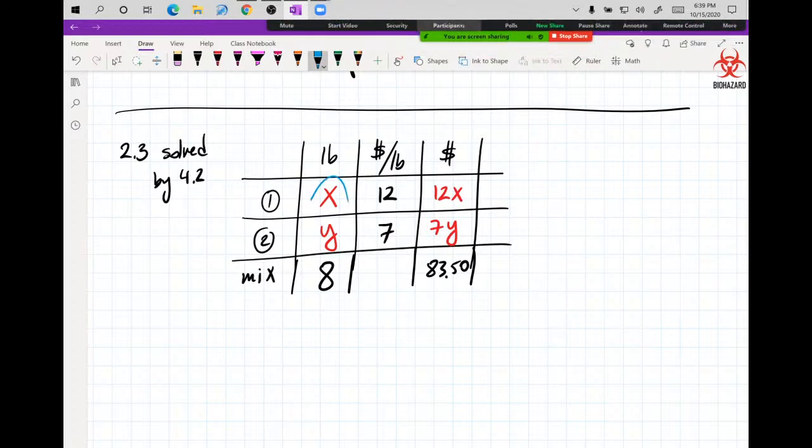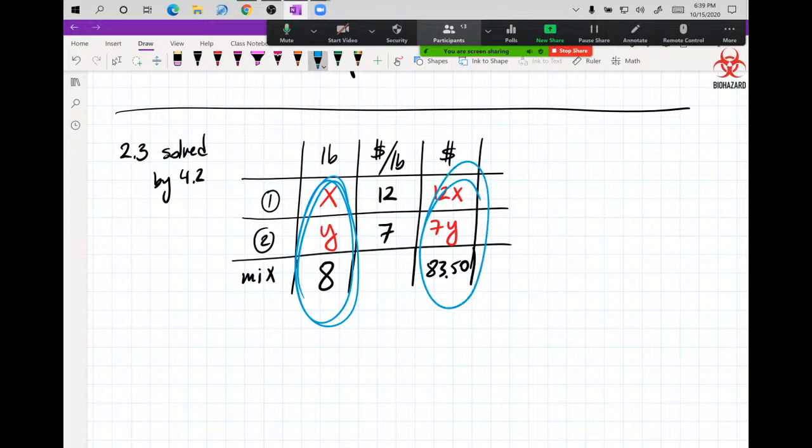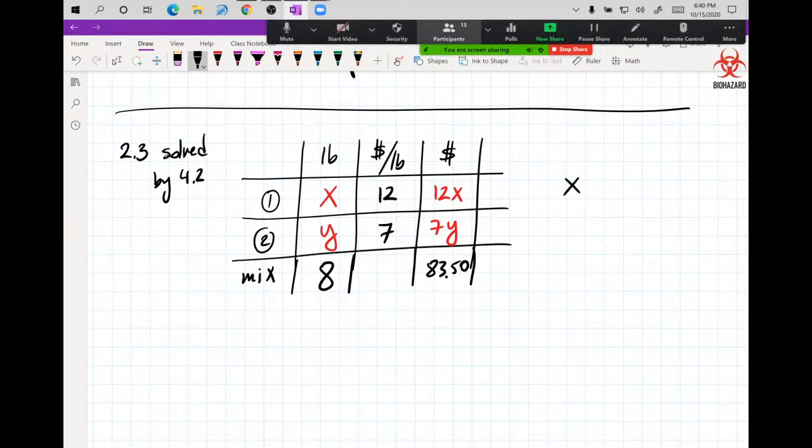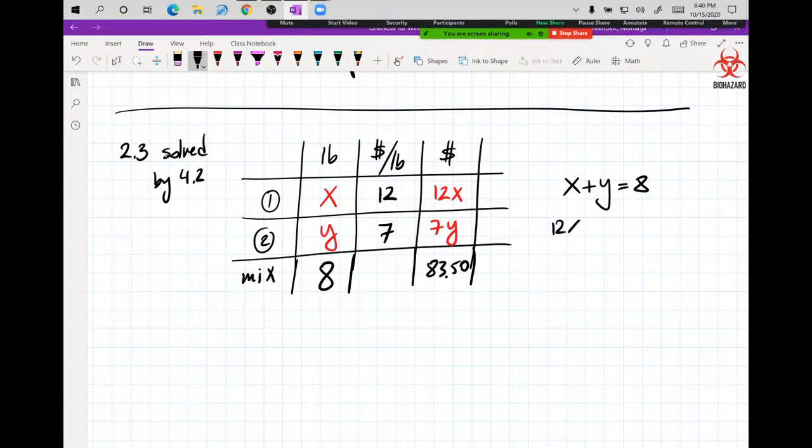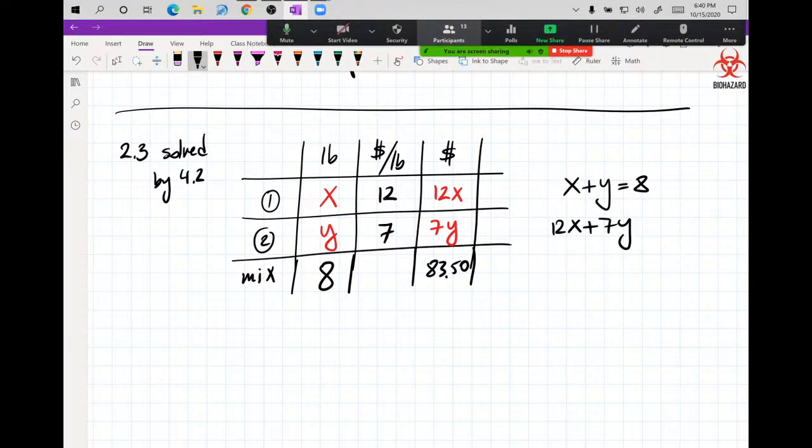And now there are your two equations. x plus y equals 8, and 12x plus 7y equals 83.50.